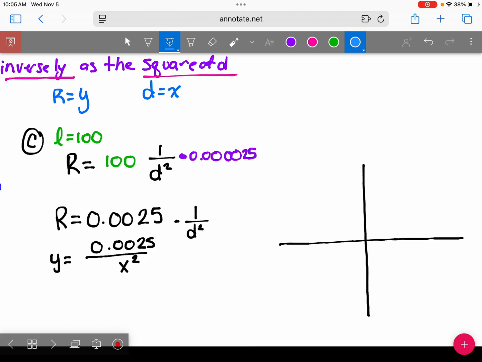What is the ratio of my leading coefficients? 0. What is the 0 of my denominator? 0. So our asymptotes are going to be at x equals 0 and at y equals 0. So we're going to have an asymptote right here and an asymptote right here. We're just looking in these quadrants. It's our x and y axes that give us that.